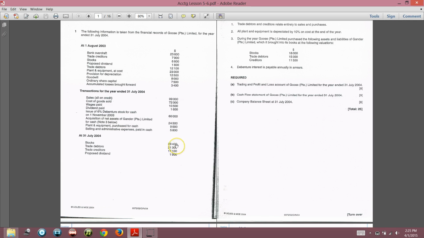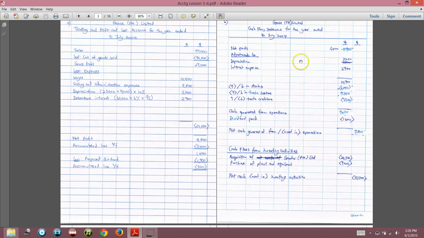So the stock that belongs to the company, excluding the one that we bought from Gander Limited, is 11,400. The beginning of the year stock is 6,600. So that means the stock has increased by 11,400 minus 6,600, which is 4,800 during the year. Okay, so as explained earlier, increase in stock is money going out, so increase in stock is a bracket 4,800. That's how I get the figure.